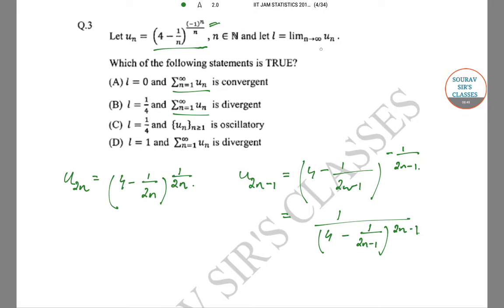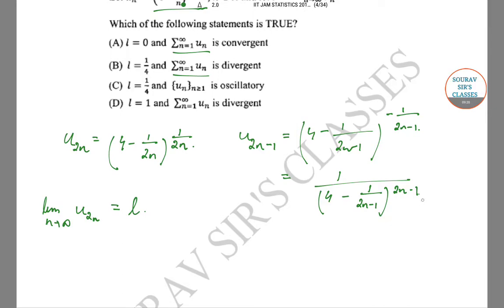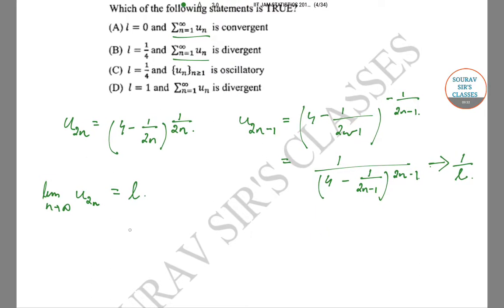Now suppose L equal to limit n goes to infinity u2n would be equal to L, but here since 4 minus 1 by 2n to the power 1 by 2n and 1 by 4 minus 1 by 2n minus 1 to the power 2n minus 1, one of them occurs in numerator and the other one occurs in denominator, we have the limit of u2n minus 1 must go to 1 by L. Therefore, L has to be equal to 1 by L, which implies L equal to 1.